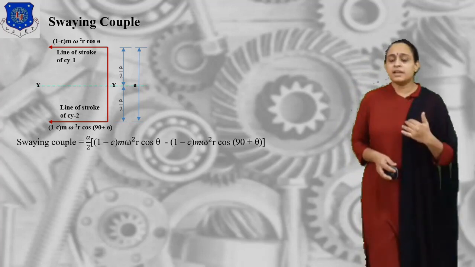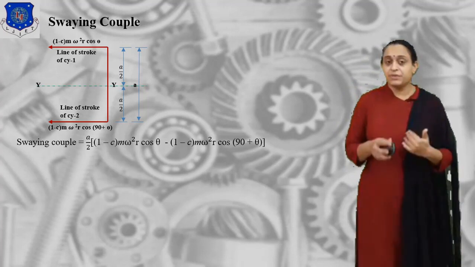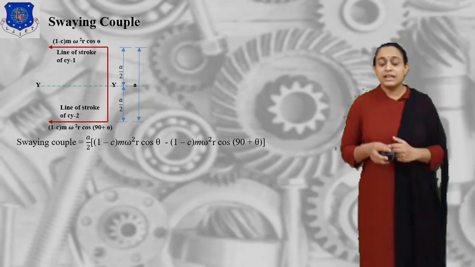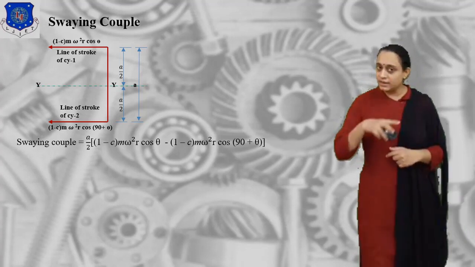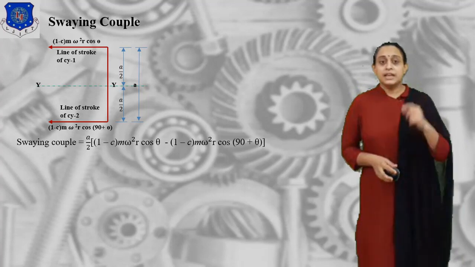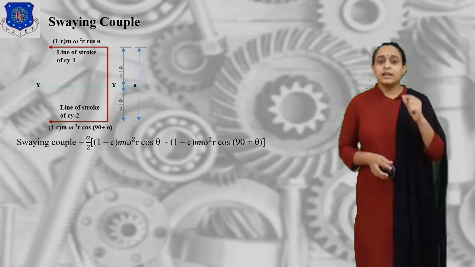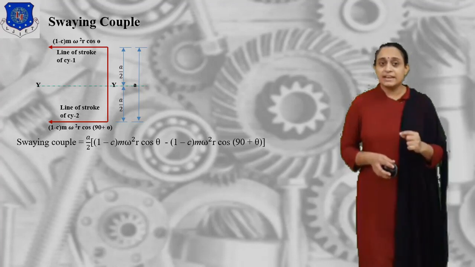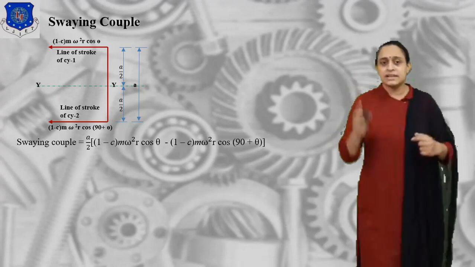If we take the moment about yy, the force along the line of cylinder 1 will give the moment in an anti-clockwise direction. The force along the line of stroke of cylinder 2 will give the moment in a clockwise direction.